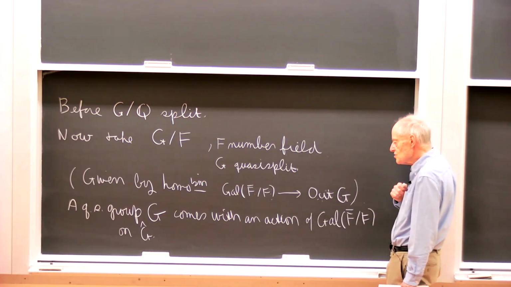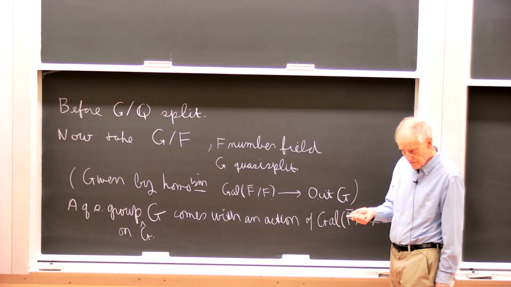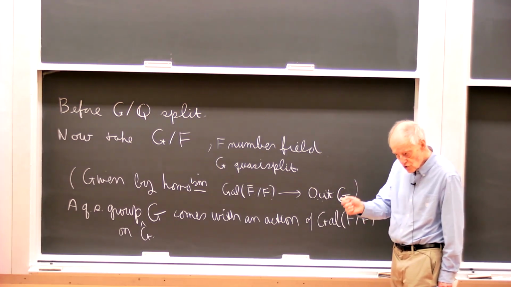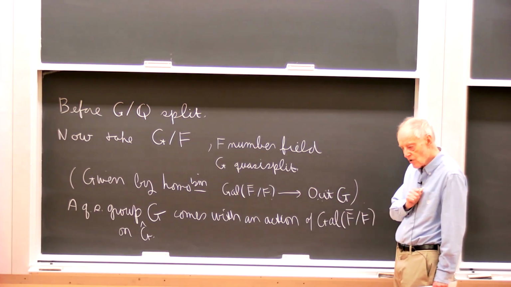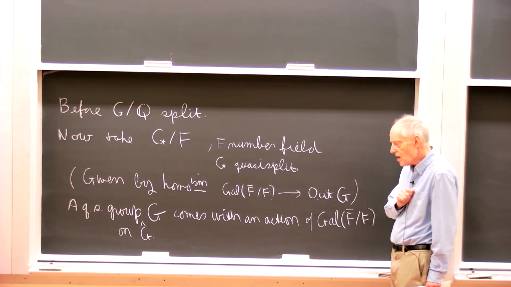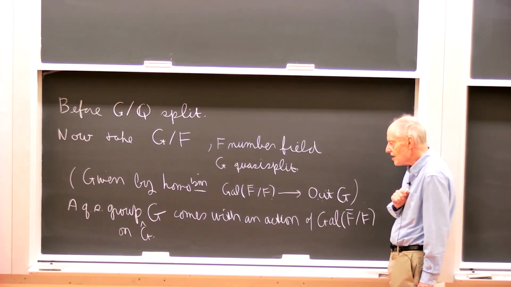What you do is you use that homomorphism to twist, to change the Galois action on G(F bar) that comes with a split group.